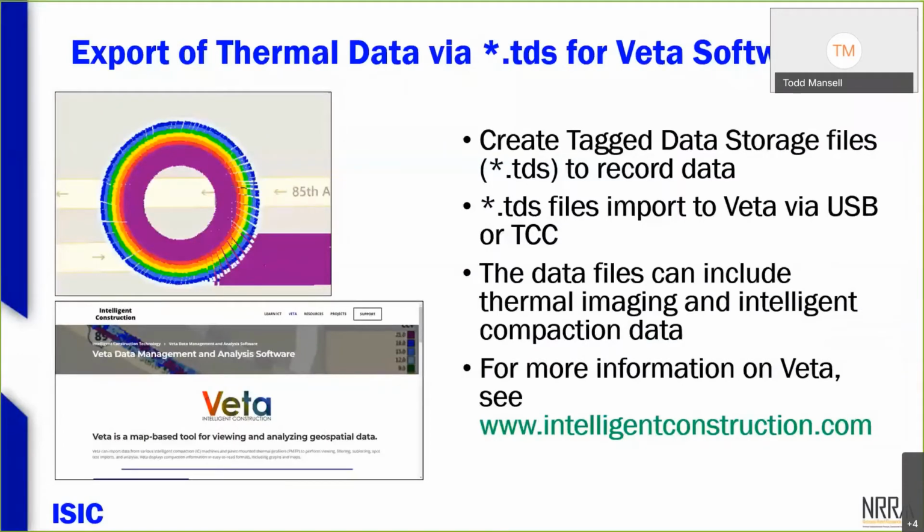That's your analysis tool, if you will, that takes all the manufacturers' information. It doesn't matter what brand it is, we're able to import that data and analyze it in the Beta software. As many of you know, the intelligent compaction data can also be analyzed in the Beta software.